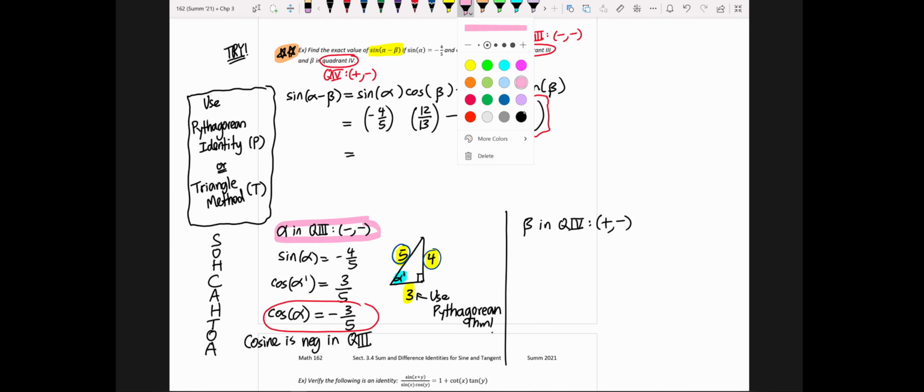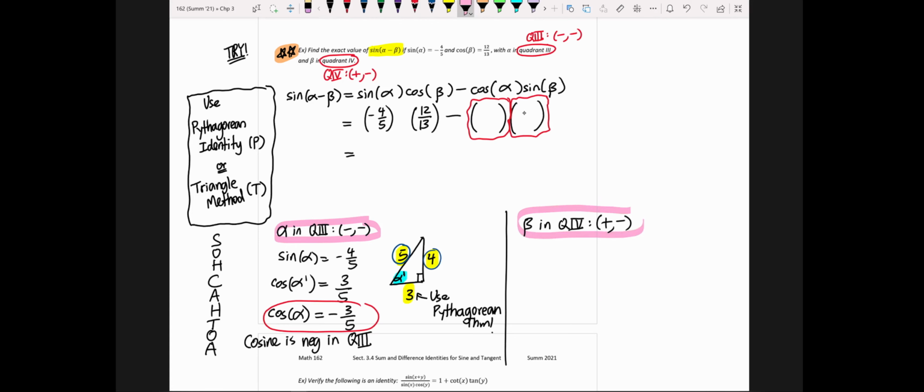Let's hear from Stephanie. Okay, so we're given that cosine of beta is 12/13. So when we set up our reference triangle, cosine is adjacent over hypotenuse.